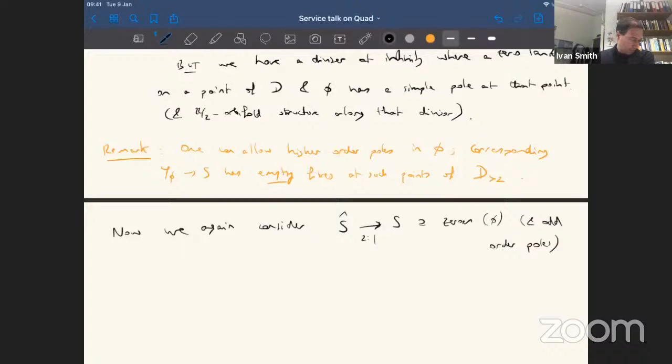And we think about H1 of S hat naught, minus, so this is S hat minus the pre-images of poles of order greater than or equal to 2. And again, we take the anti-invariant part for the covering involution.